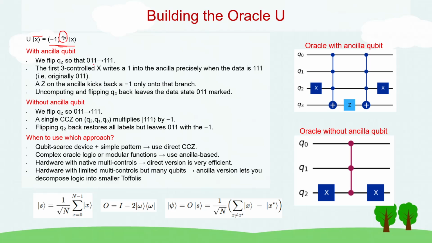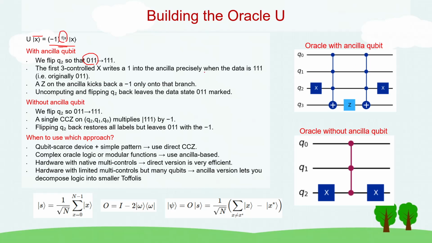If I want to flip this qubit, I put one more X gate here, then it becomes 1, and I can use any controlled X gate. That will flip it, and then I undo all my operations. So my state 0, 1, 1 will be marked by this circuit.